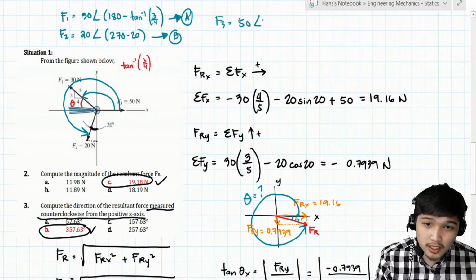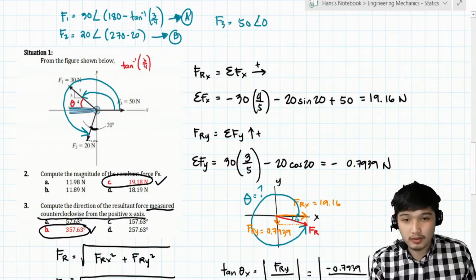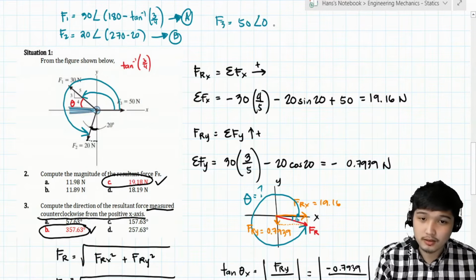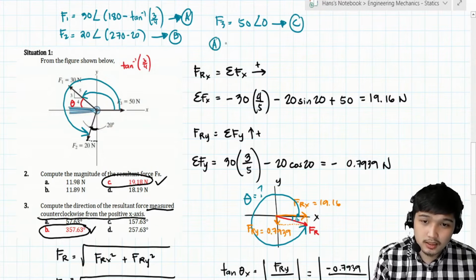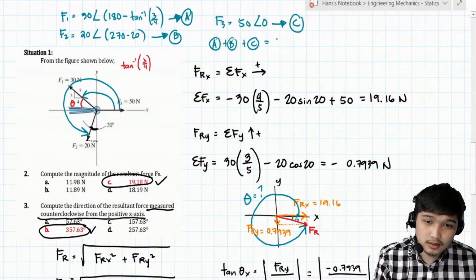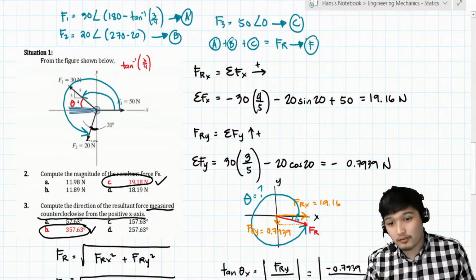So, pwedeng 50 angle 0 or 50 angle 360. Okay lang yan. So, the same lang. Store sa C. So, yung resultant is A plus B plus C. So this one is yung ating FR na i-store natin sa letter F.